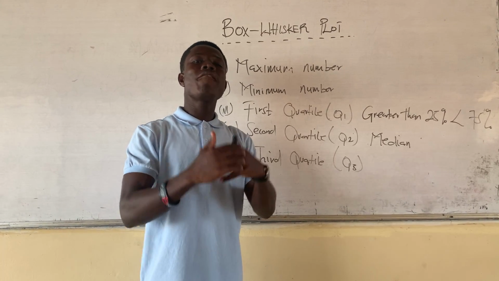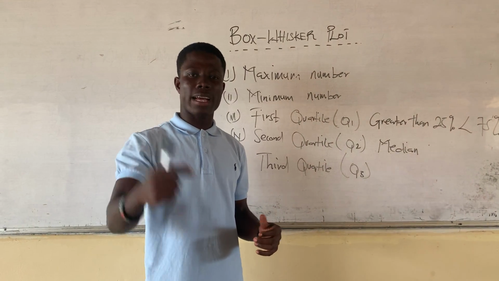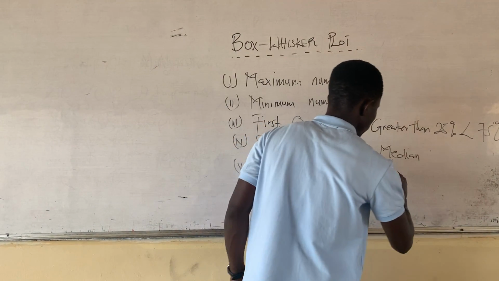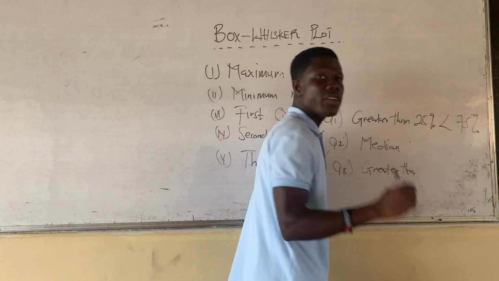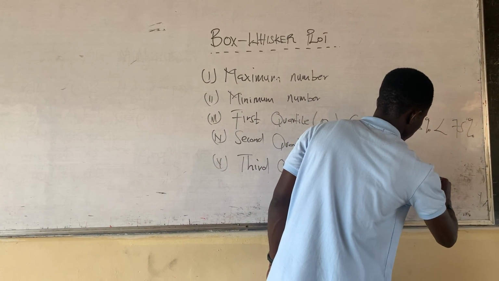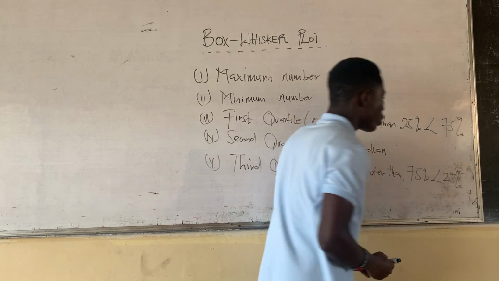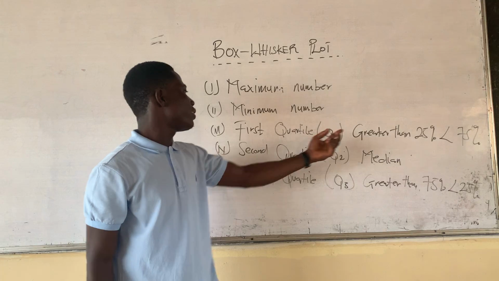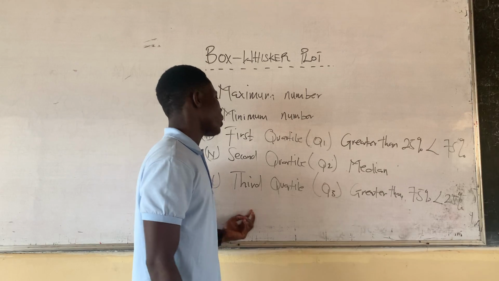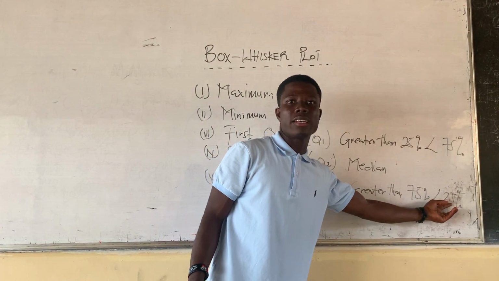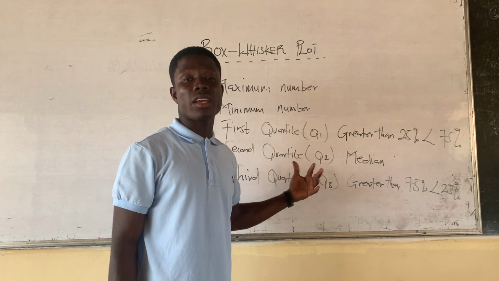In every data set that has been given, the third quartile is always greater than 75% but less than 25%. So you see, the first quartile is greater than 25% but less than 75%, whereas the third quartile is greater than 75% but less than 25%. So these are the 5 main properties that underlie a box and whisker plot.